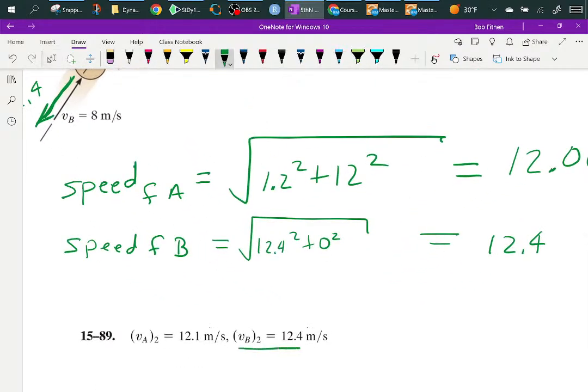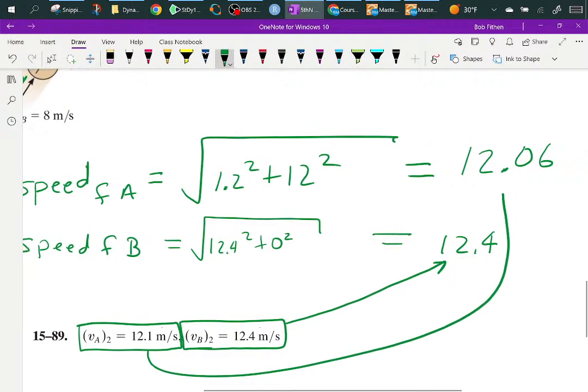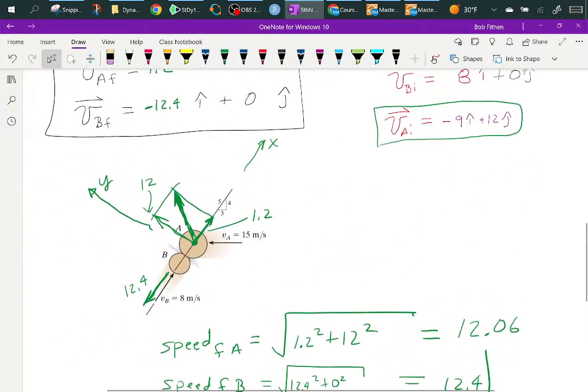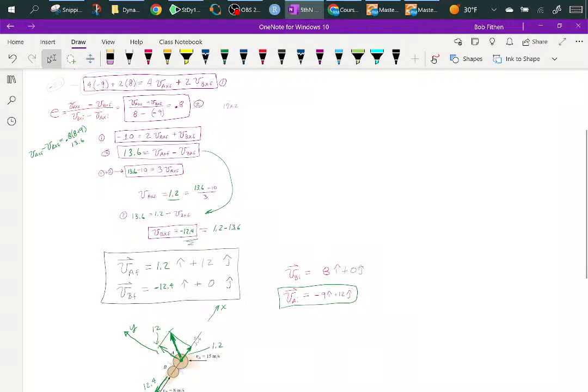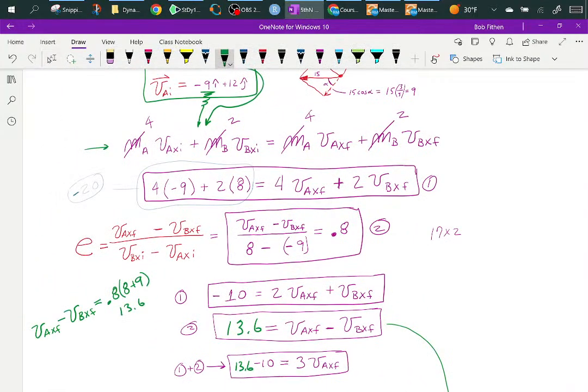Okay, now, were we correct? The speed of B is 12.4. The speed of A is about 12.1. So the sequence that I've done was correct. My failure came in not doing the math associated with these terms combined together.